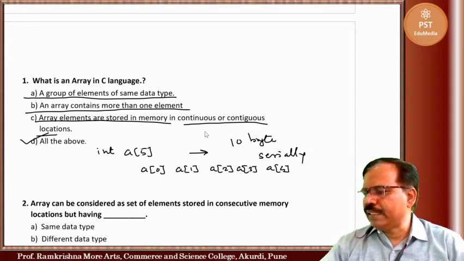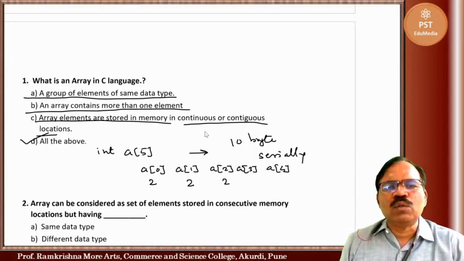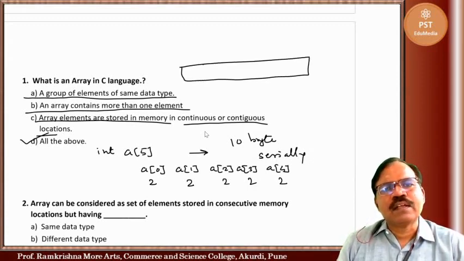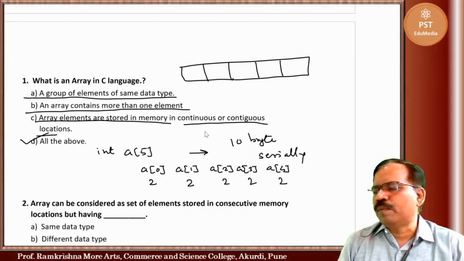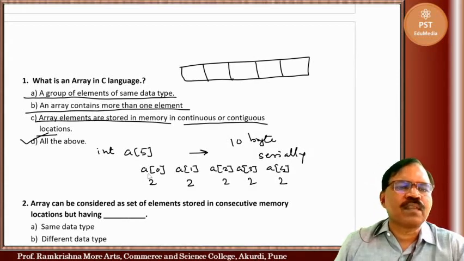These are elements of the array. Each takes 2 byte memory, and that memory is serial. So this is first 2 byte, second 2 byte, third 2 byte, fourth 2 byte and fifth 2 byte.